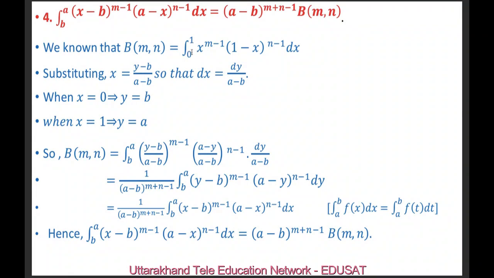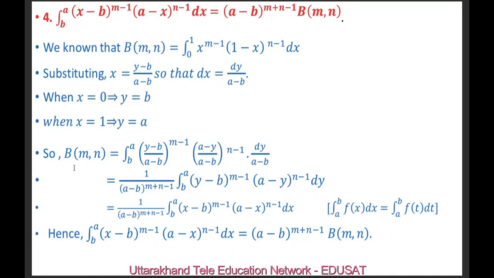Here the lower limit is 0, upper limit is 1. Variable is x. So if you substitute x equal to 0 and cross multiply, y minus b equal to 0, means y equal to b. If you substitute x equal to 1 here and cross multiply, y minus b equal to a minus b, so y equal to a.